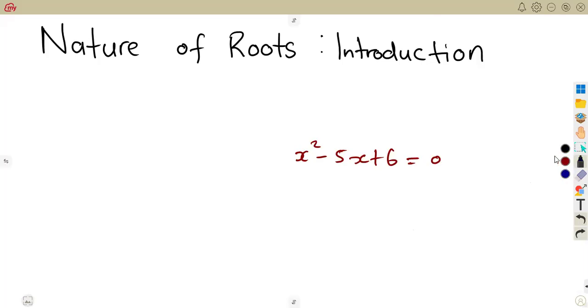So when you were solving, I want us to focus on the quadratic formula. All right, using the quadratic formula.